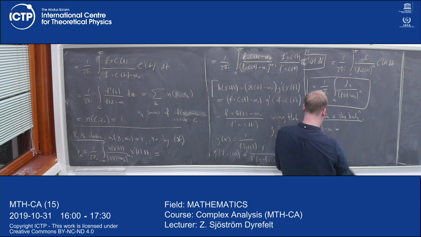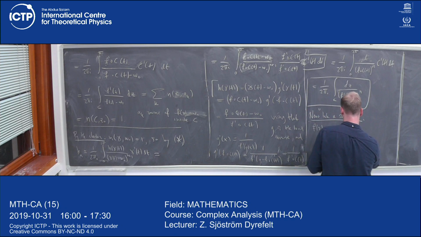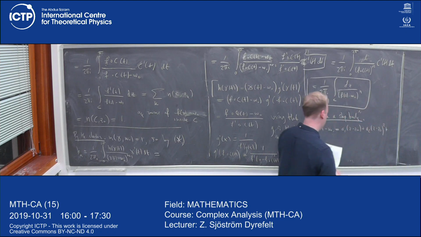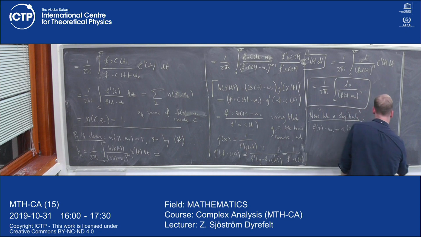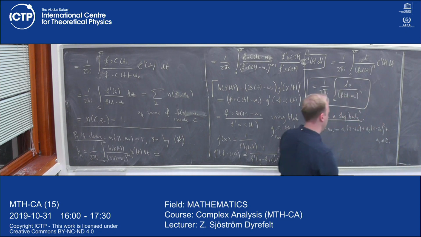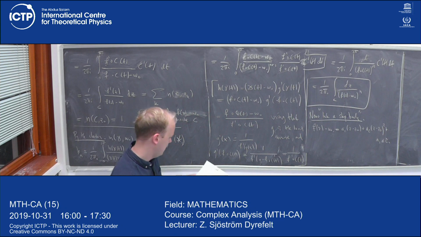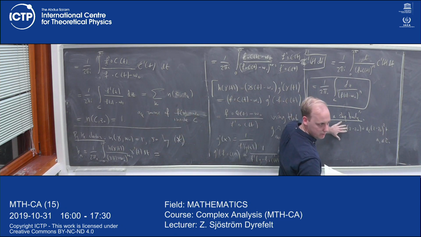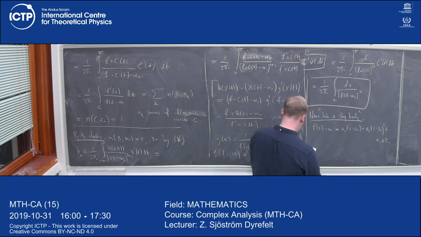We can write it equal to some a1 times z minus z0, where a1 is not 0. Because z0 is a zero of order 1, because it was locally invertible, it had to be of order 1.